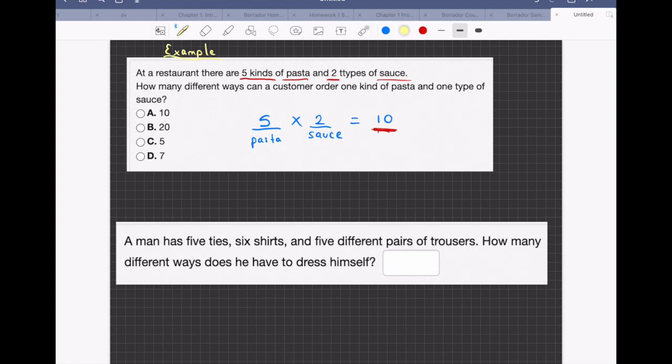Next example. It says a man has 5 ties, 6 shirts, and 5 different pairs of trousers.